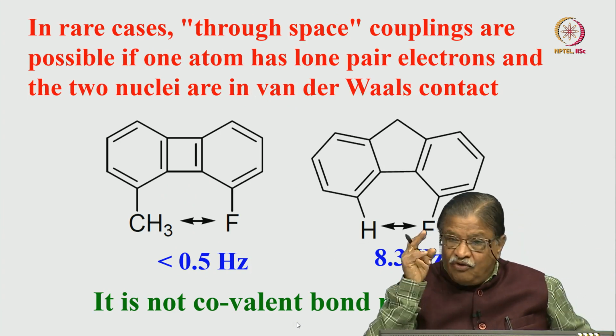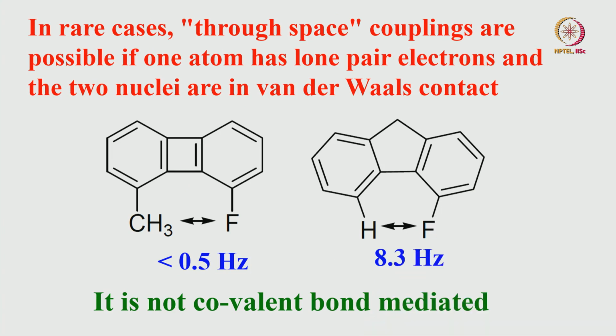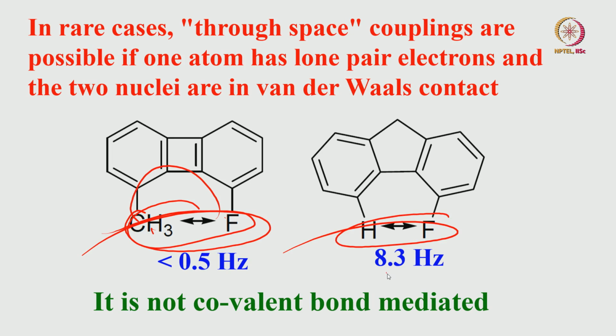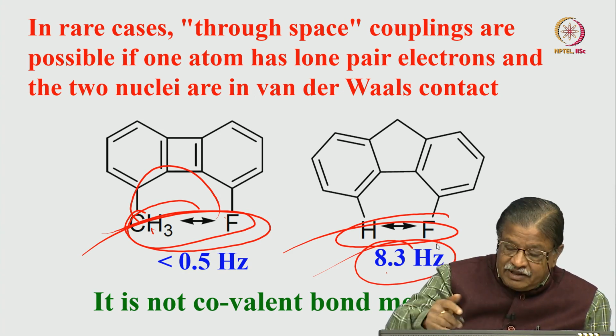Of course, so far I was telling you that we get J coupling only mediated through covalent bonds, but in some rare examples, like a molecule like this, you can get coupling between this fluorine and this CH3 proton, not mediated through covalent bonds but directly through space. Similarly, here through space coupling of 8 hertz, a substantially large value, you can see. In these cases the coupling is not covalent bond mediated; it so happens the lone pair electrons of these two nuclei are within van der Waals contact.